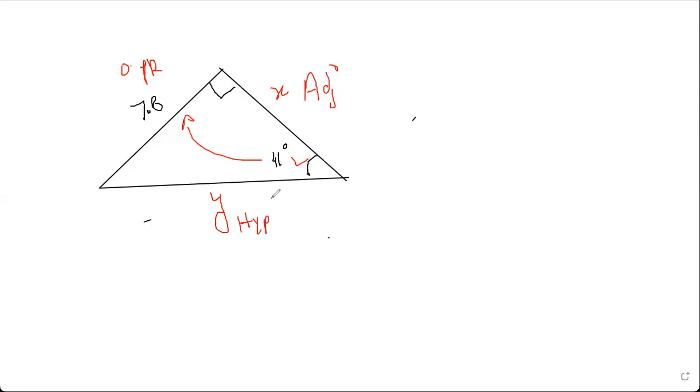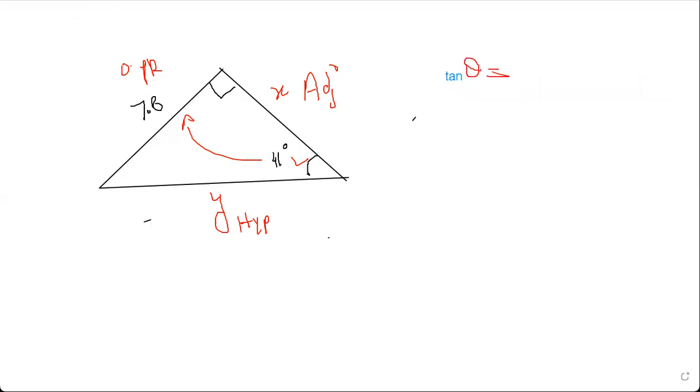You can calculate anything first, either adjacent or the hypotenuse, by using any trigonometric ratio. Let's say we are using tan theta, for example. Tan theta, we just discussed. Let me write the formula here.